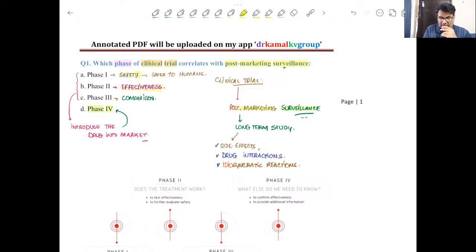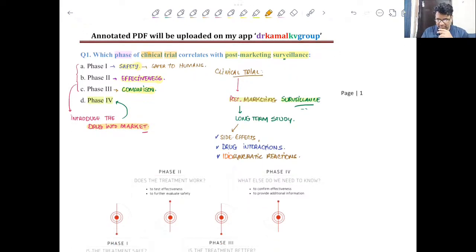Then in phase 3, we compare the newly formulated drug with the drugs already in the market, that is therapeutic comparison or confirmation. Lastly, once we are satisfied with all 3 phases, the drug is introduced into the market, and then phase 4 continues. That is a long term study, so post marketing surveillance is phase 4.